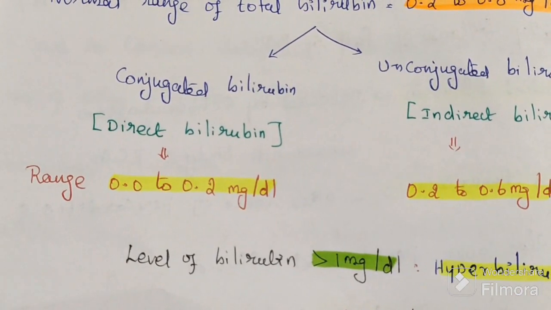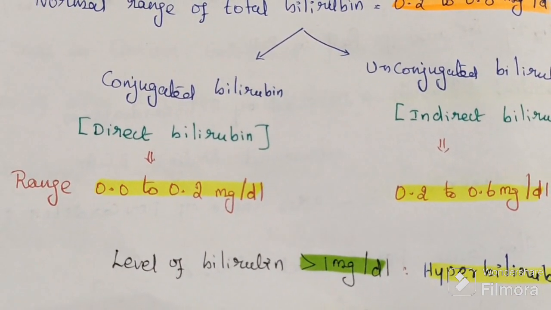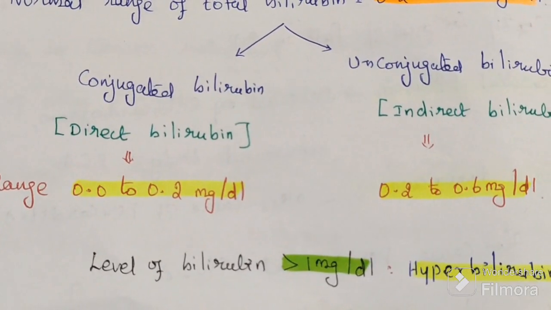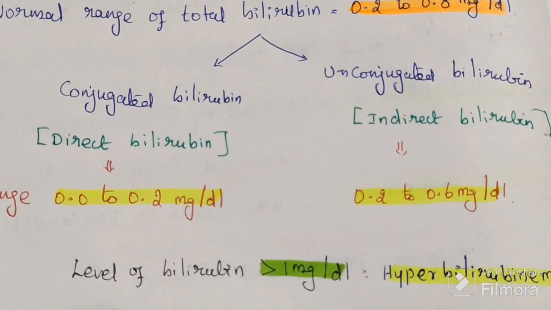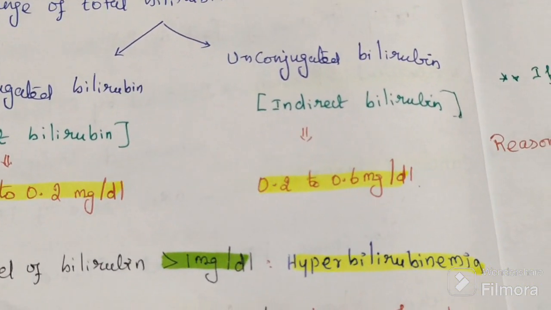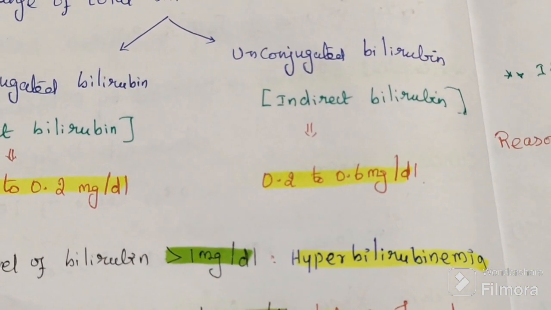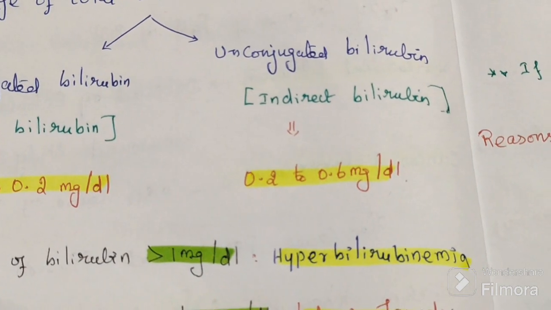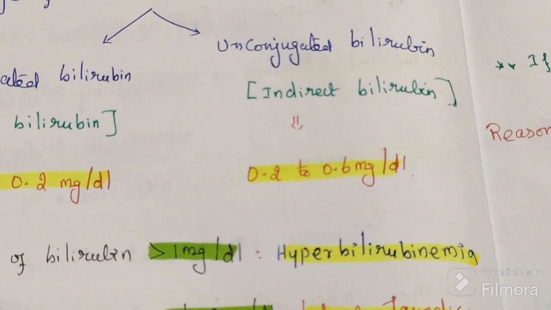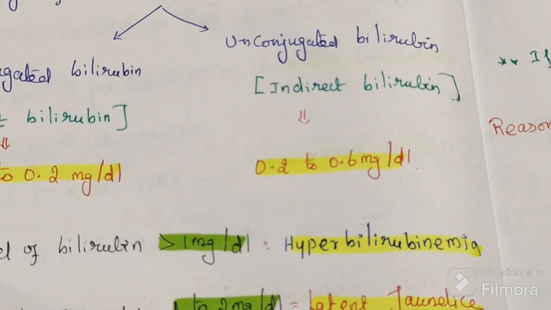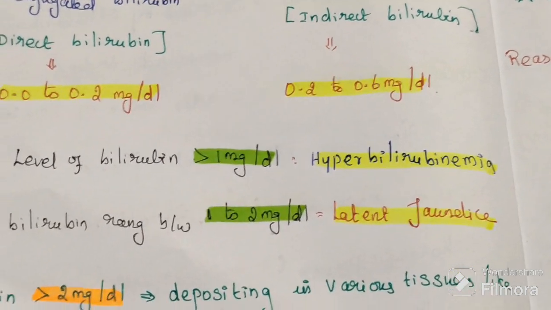Conjugated or direct bilirubin range is 0.02 to 0.2 milligram per deciliter. Unconjugated or indirect bilirubin range is 0.2 to 0.6 milligram per deciliter. These are the various normal ranges.